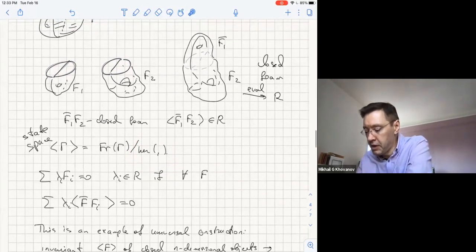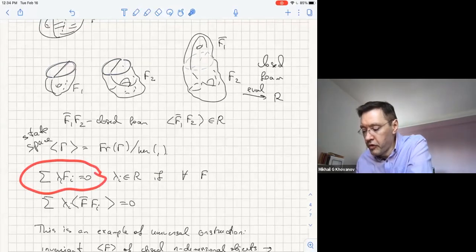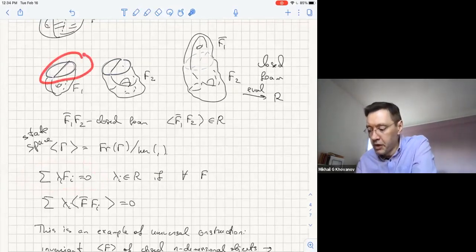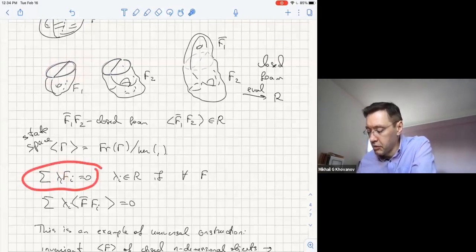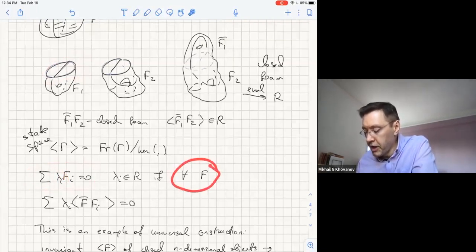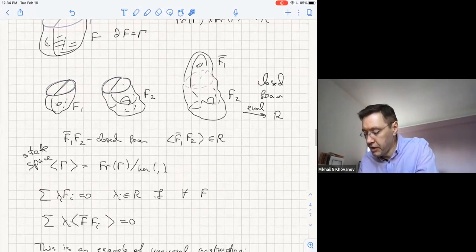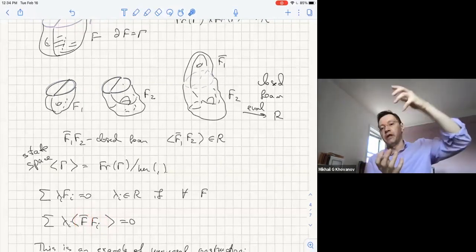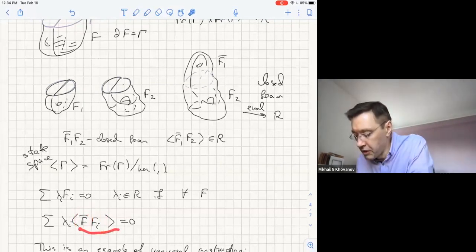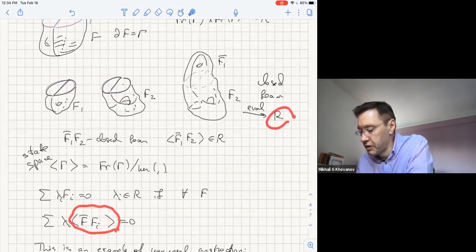So we say that the linear combination of forms phi_i with boundary gamma, where the lambda_i are coefficients, this sum is 0 if for any form f with the same boundary, if we take each phi_i and we glue it to f, so reflect f, we glue it to phi, evaluate, that's an element of R, times lambda_i, which is an element of R.